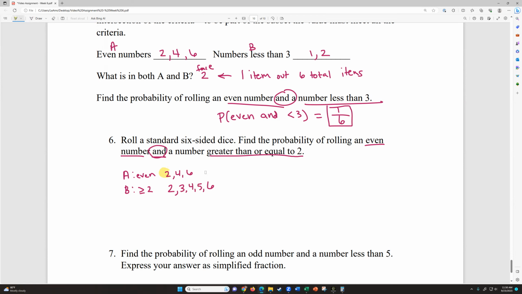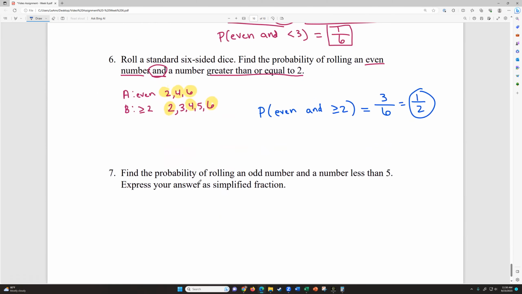There are 3 elements that are in both groups. Notice that this is in both, this is in both, and this is in both. So the probability of being even and greater than or equal to 2 is 3 elements out of 6 total elements on a die. So that would be 1/2 if we reduced it.